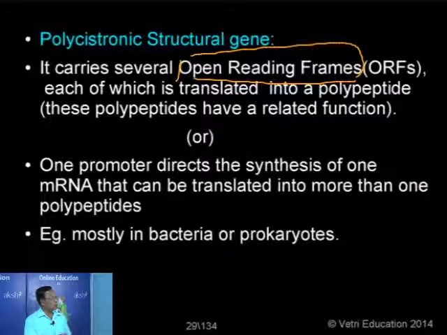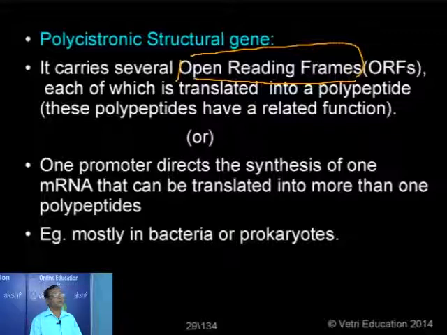So in both monocistronic and polycistronic structural genes, there is one promoter and one mRNA synthesis, but in the first case, formation of one polypeptide chain, and in the second case, formation of more than one polypeptide chain. These polycistronic structural genes are very common in prokaryotes, like bacteria. Monocistronic genes are found particularly in eukaryotes, including human beings, and polycistronic structural genes are very common in bacteria.